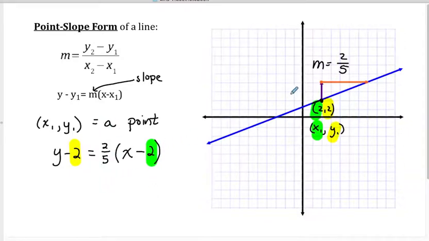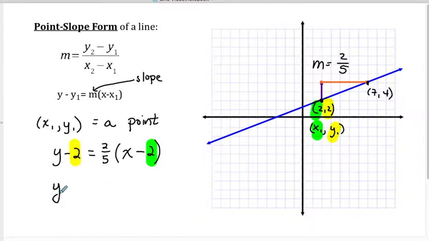is 2/5. Now, one of the neat things about point-slope form is that I could choose to write a different form equation of this line. Maybe I would want to write, this point we said was (7, 4). Right? So maybe I want to write the equation from this point. I want to talk about this point.